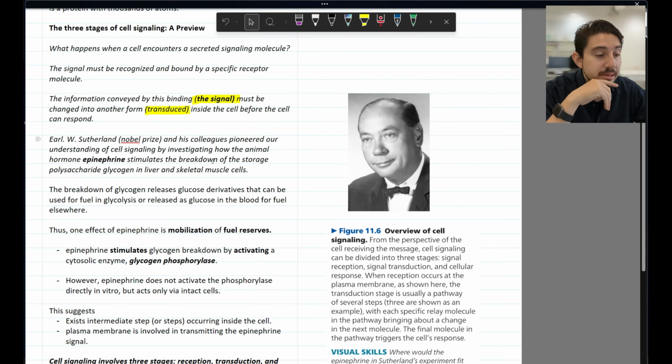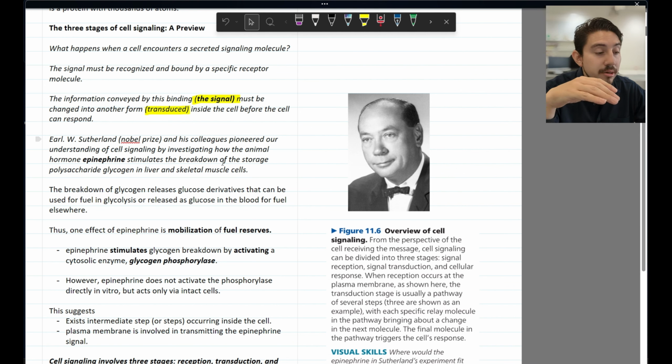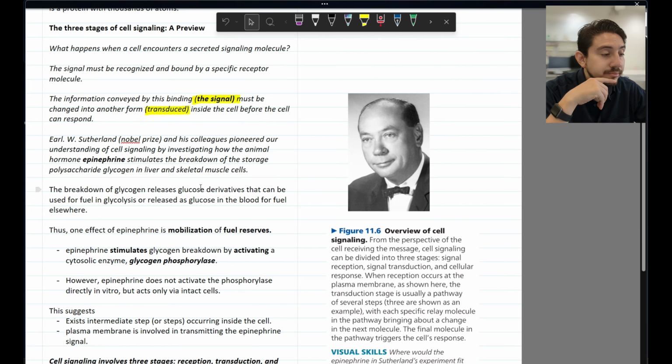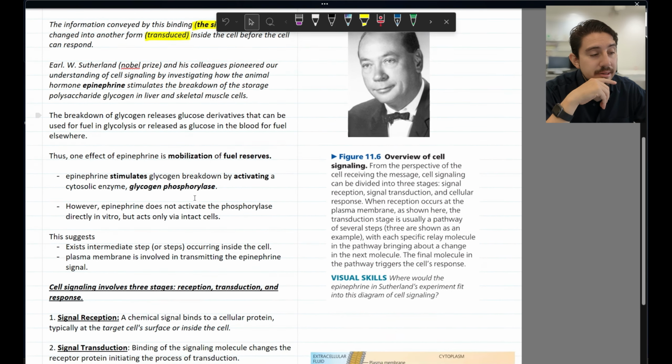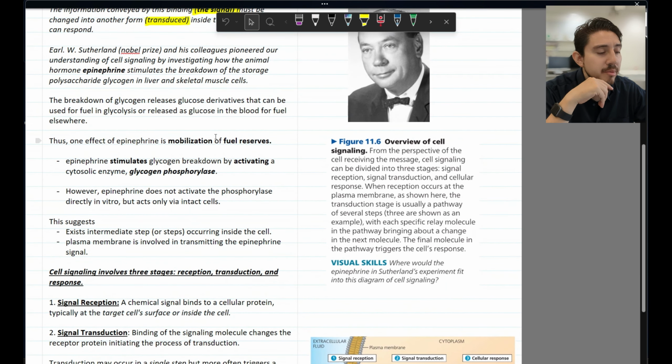So he and his colleagues pioneered the understanding of cell signaling by investigating epinephrine and how epinephrine can break down glycogen into glucose to be used for skeletal muscle fuel, right? So we're going to take a look and be going down with his example as we're going down into the different types or stages of cell signaling.